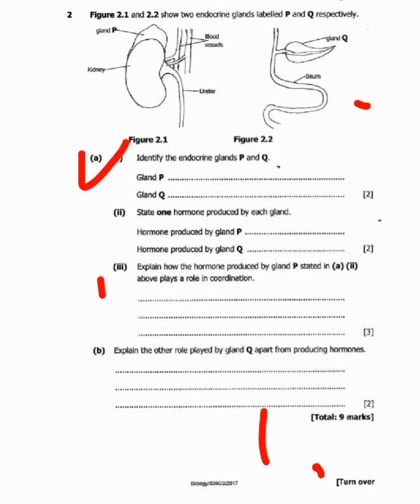So when adrenaline has been produced, there will be rapid contraction of the muscles, and dilation of the pupils for increased alertness. Those are some of the things showing how this hormone plays a role in coordination.